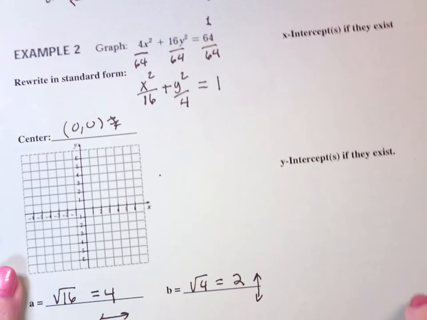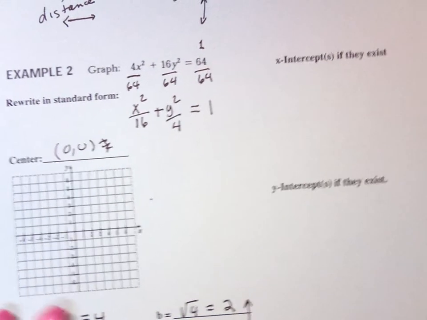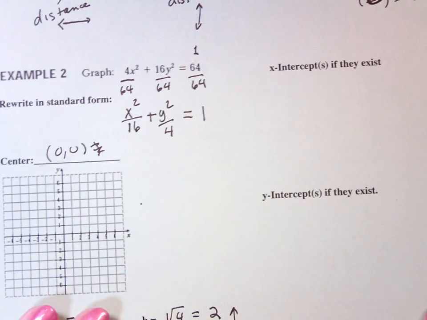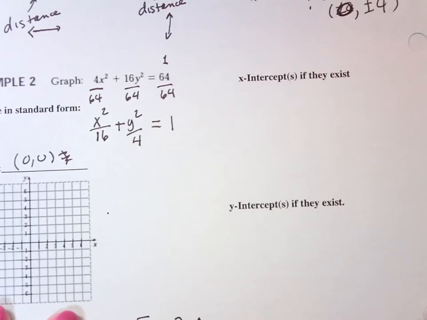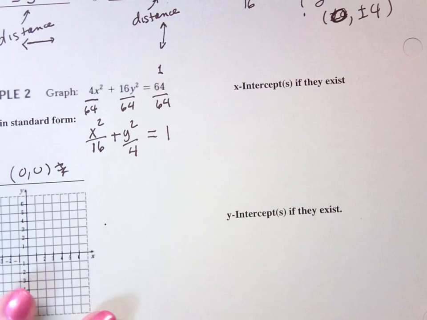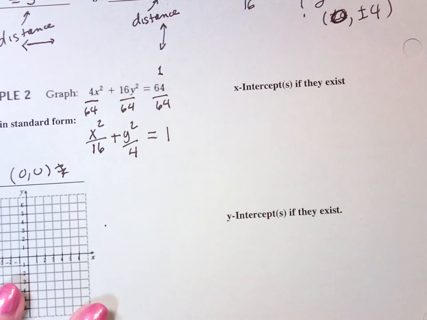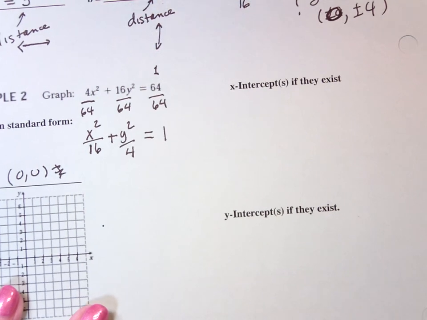Now the x and y intercepts, by the way, even though I don't have to do these, the reason why I do is because when we come up with hyperbolas, which is the next conic that we study, then it makes sense as to how you know which direction things go.